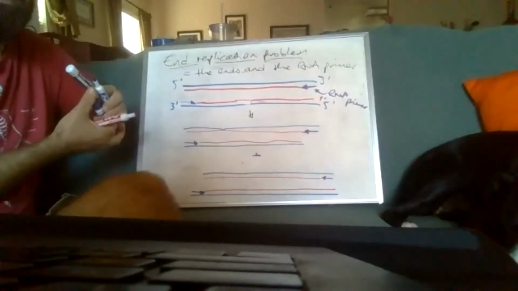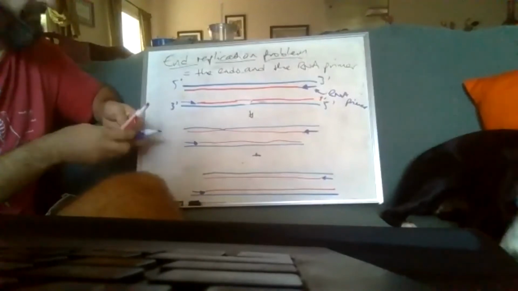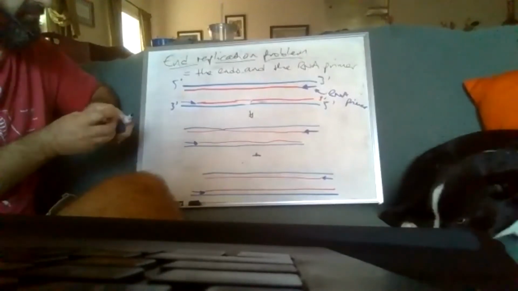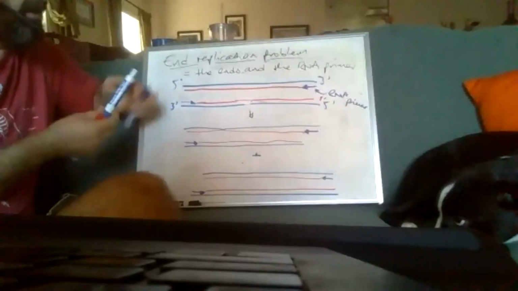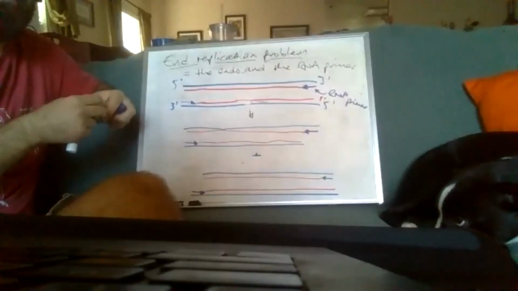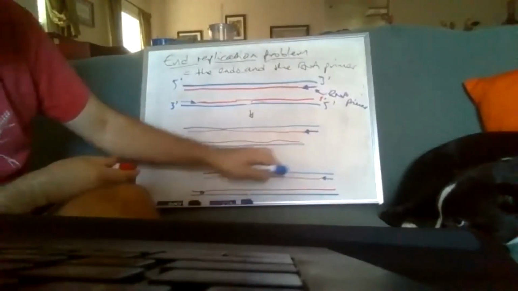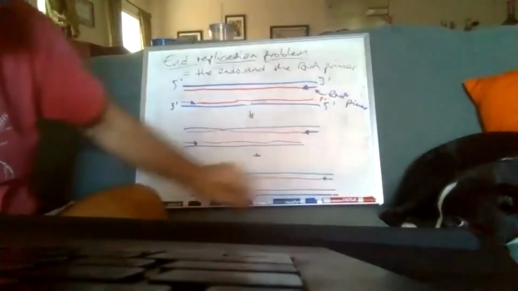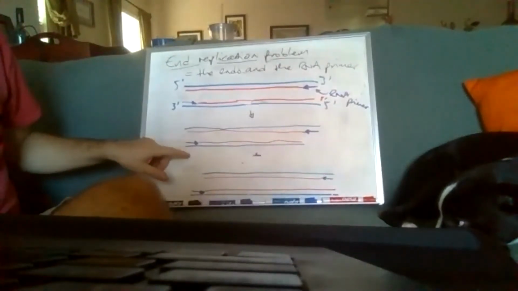It's dealt with in a couple of different ways. One is we have buffers, right? So essentially what you don't want is for these gaps that are created, these shortened bits, to start eating into coding regions.